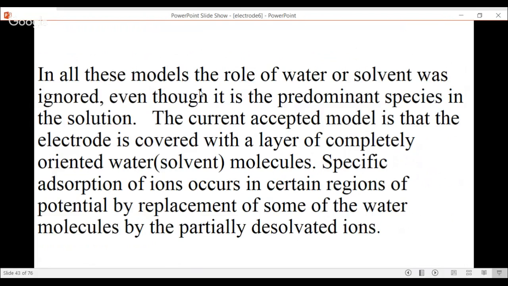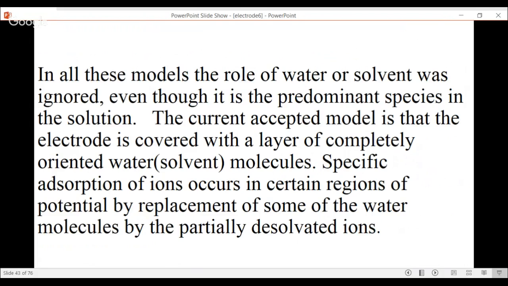In all these models, the role of water or solvent was ignored, even though it is the predominant species in the solution. Even if you take 10 to the minus 3 molar, the predominant species in the solution is the solvent molecules. The currently accepted model is that the electrode is covered with a layer of completely oriented, polarized water or solvent molecules. Okay.